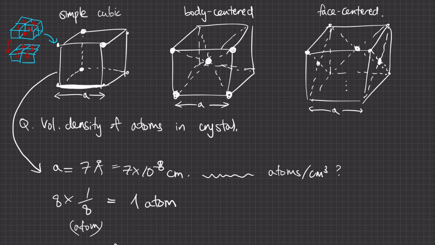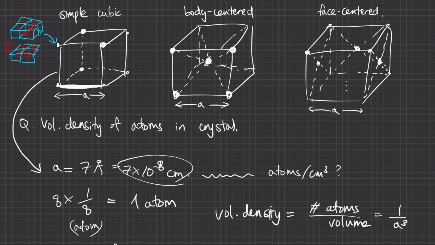So volume density is the number of atoms per volume. It's going to be 1 over a cubed. And you can just substitute this number into here to get the final answer.